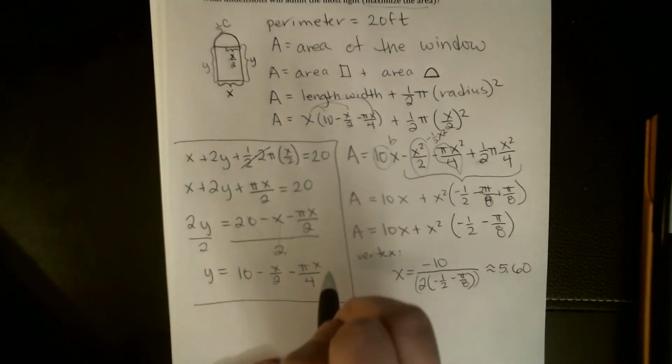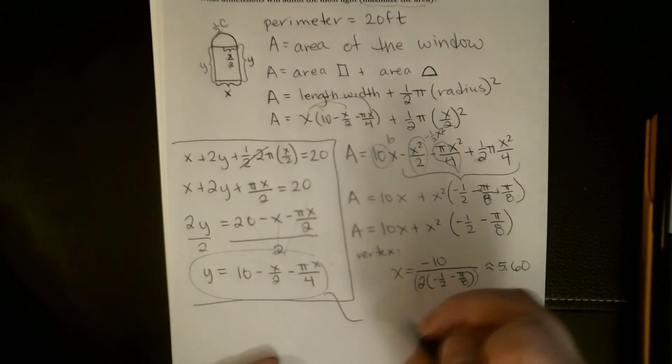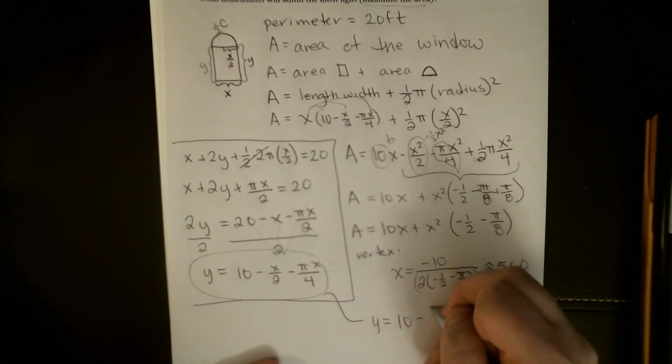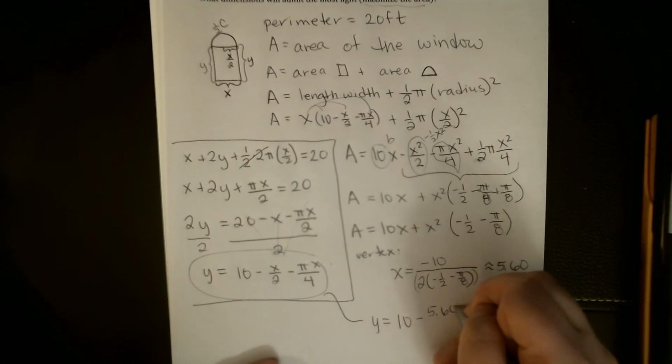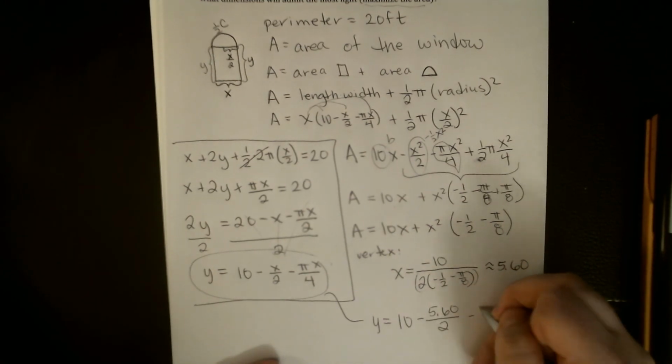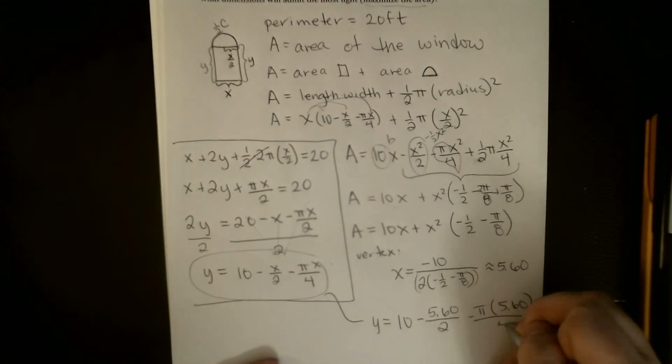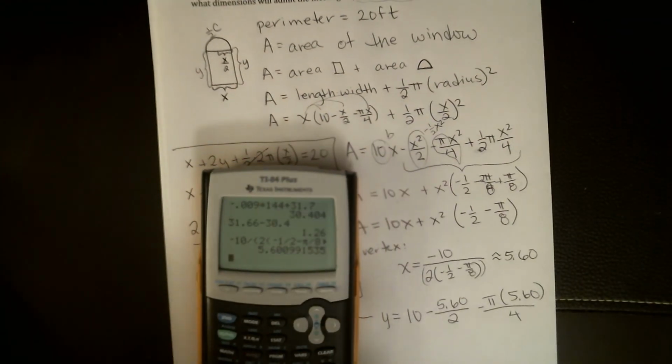So to do that, I would snag this formula right here. I would say y is equal to 10 minus 5.6 over 2 minus pi times 5.6 over 4. For the calculations, you could drop off the 0.